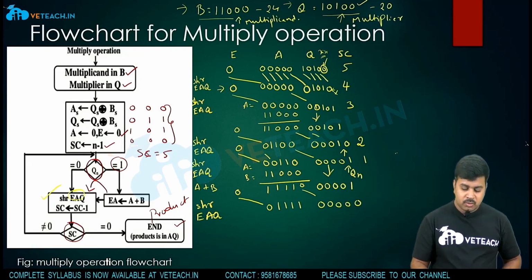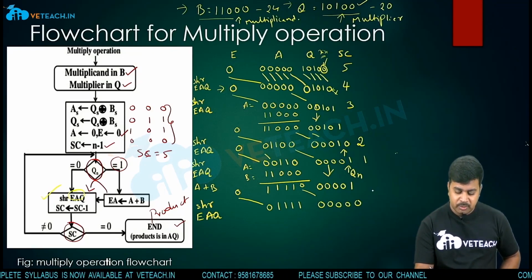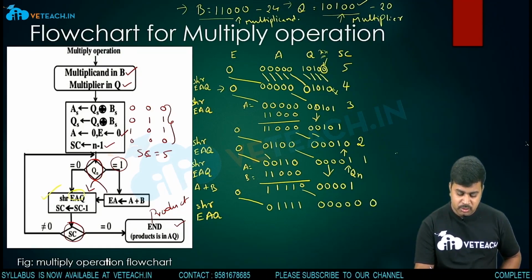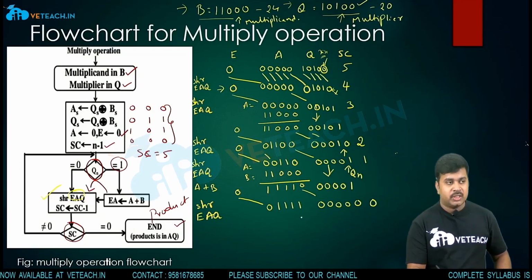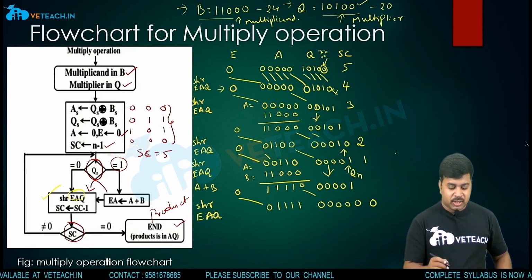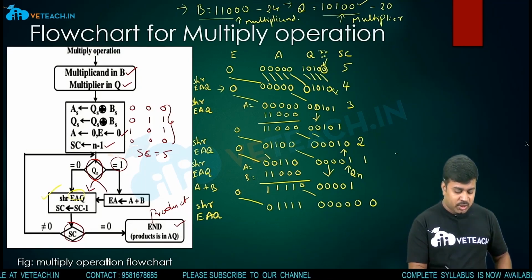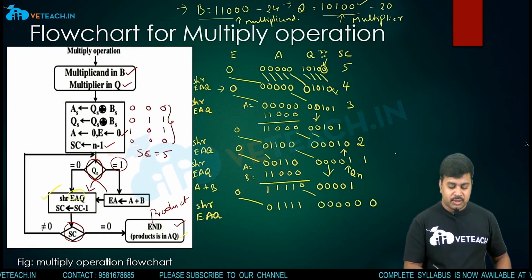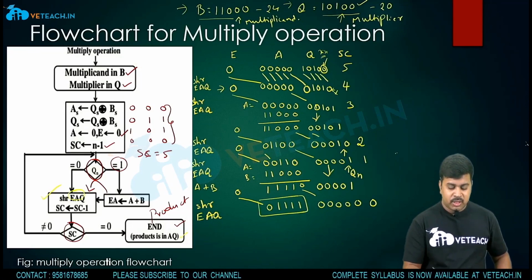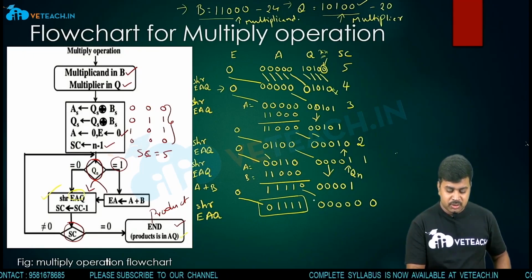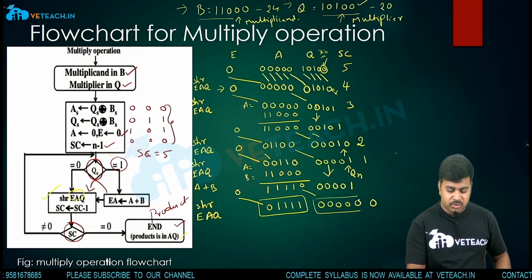Okay, so now we are going to decrement the sequence counter to 0. So finally we concluded the multiplication operation, and the final result will be stored in A and Q. That means A is 0 1 1 1 1 and Q is all zeros.